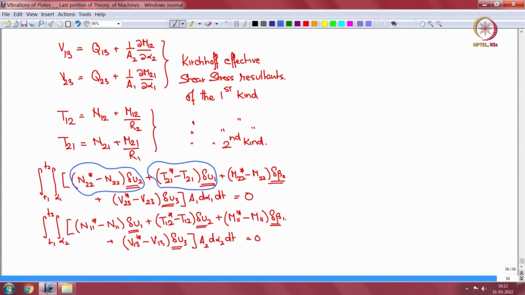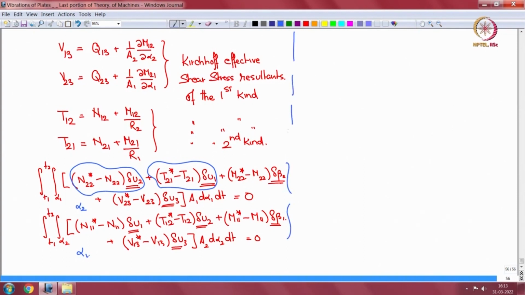So I'll make some comments later. Let's complete this part. These are at the alpha 2 constant edges. These are at the alpha 1 constant edges. So this gives us the boundary conditions.